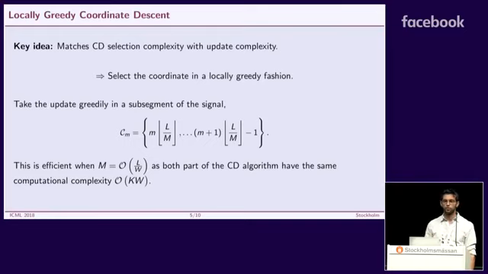And if you choose the number of subsegments in a nice way, so if you just select M to be L divided by the size of your dictionary, then both parts of your algorithm will have the same computational complexity.